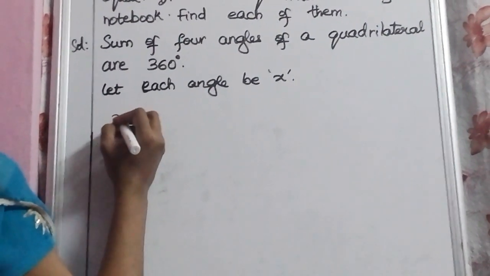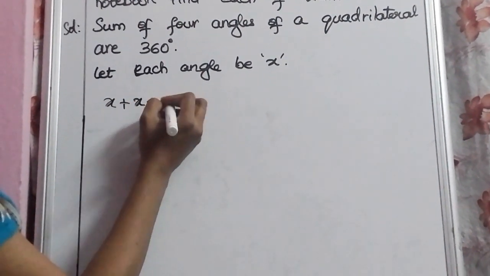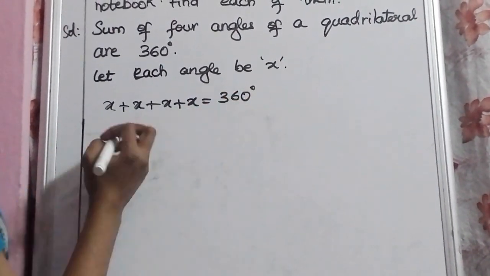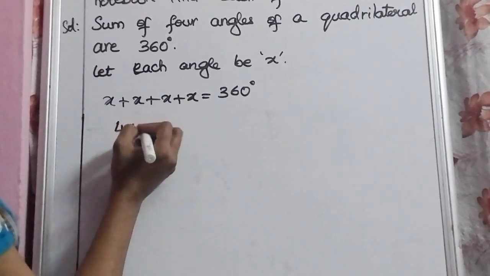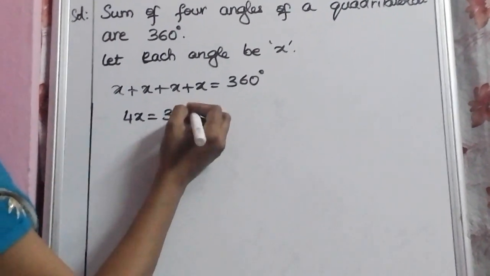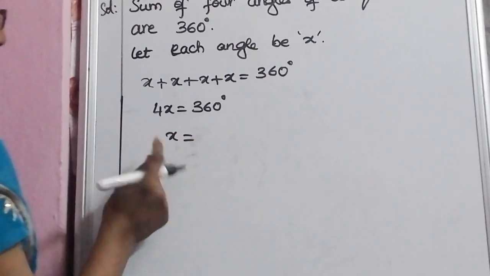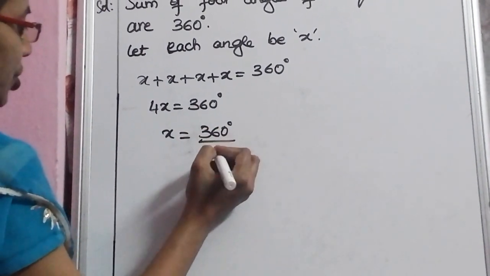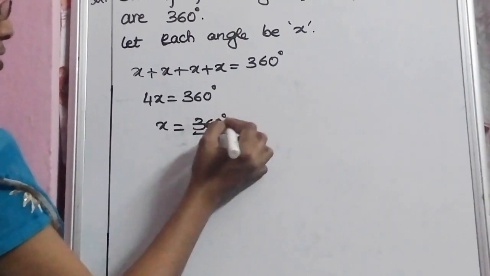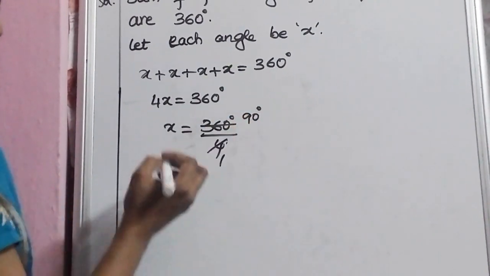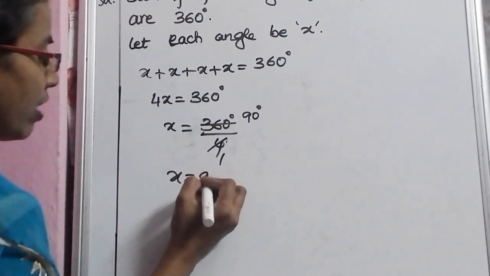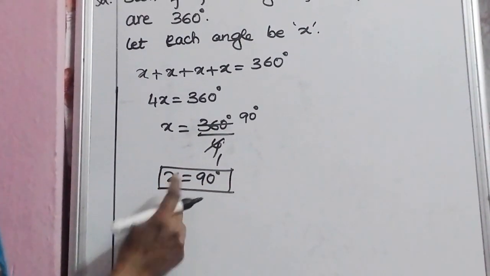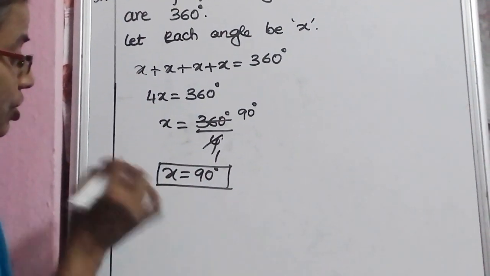So you know that 4 angles x plus x plus x plus x is equal to 360 degrees. 4x is equal to 360 degrees, which implies x is equal to, multiplication, when it is transposed, it becomes division. So 4 ones are 4, 4 nines are 36. So it is 90 degrees. You got the value of x as 90. What is x? It is nothing but each angle.